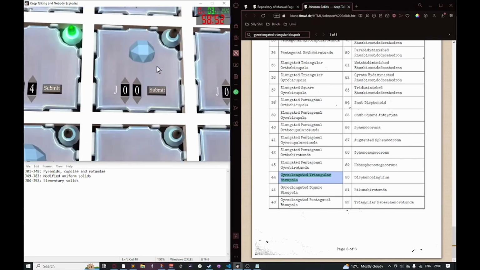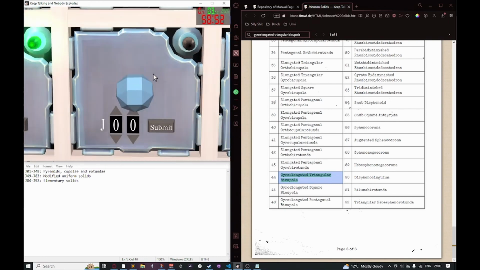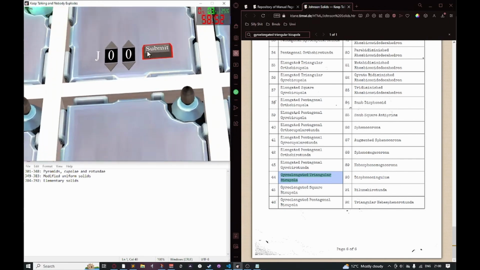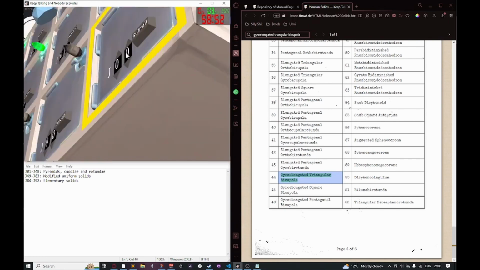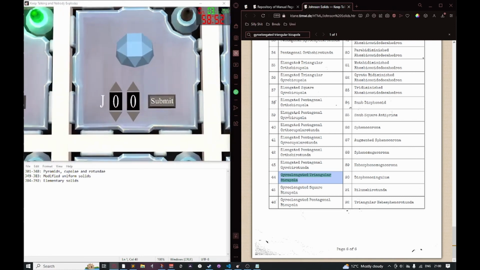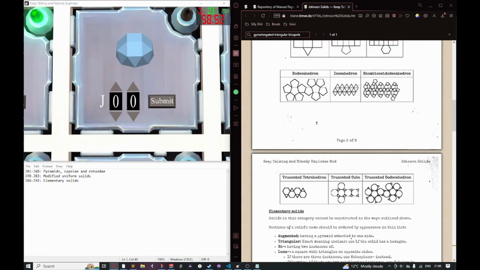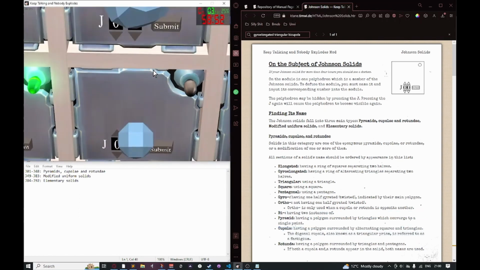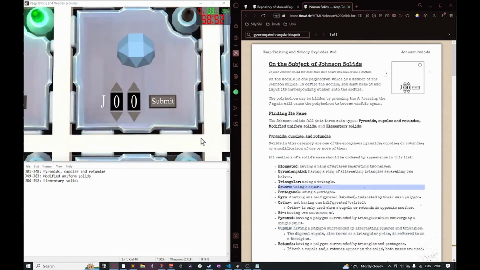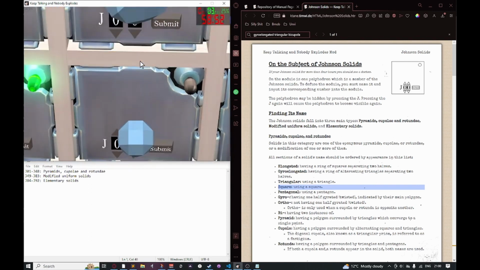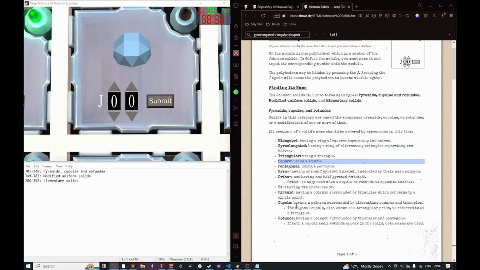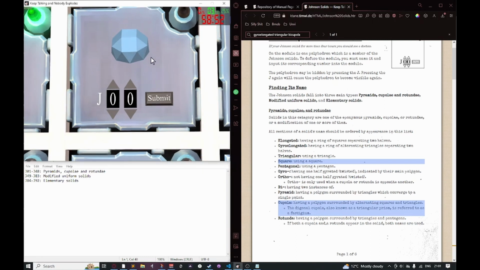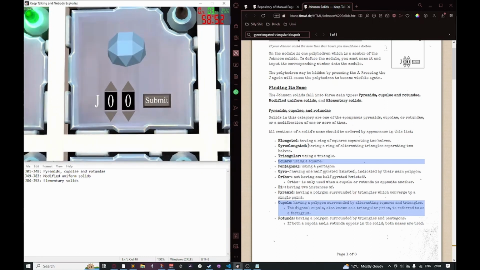Now here we have again a cupola. However, it is not a bicupola. It only has one half to it. So first of all, we're going to figure out what we have here. This is a square as its main polygon. This is a cupola. And we have a ring of alternating triangles separating two halves.